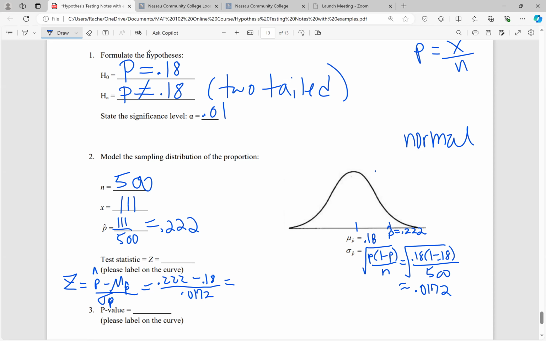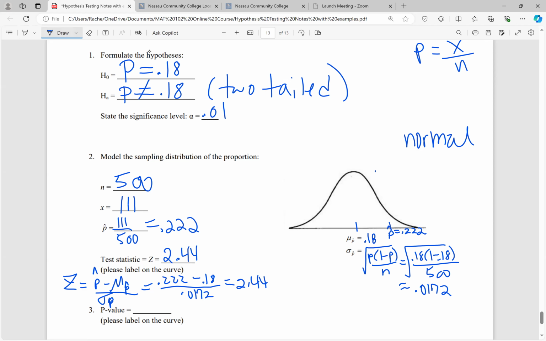So take 0.222 minus 0.18 and divide by 0.0172. We get about 2.44. So our z-score is 2.44, which means that p hat is 2.44 standard deviations above the mean.